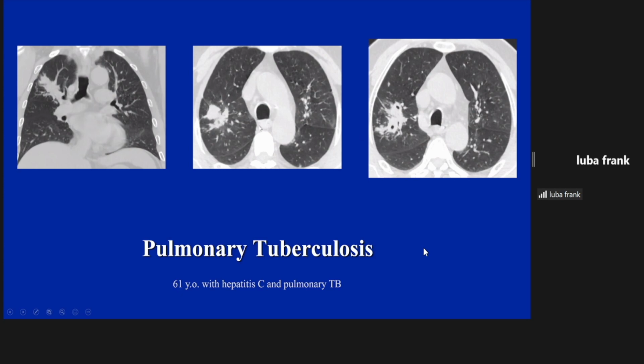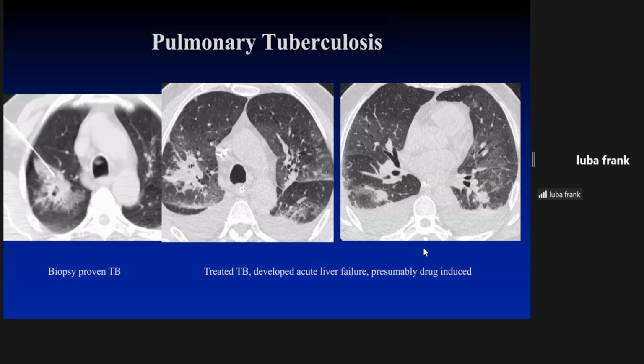That does not mean that satellite nodularity automatically tells us this is an infectious etiology, because we can see it in tumors as well, but maybe keep a second thought in the back of your mind to think about infection as well. This particular patient did go through the entire workup, including biopsy.